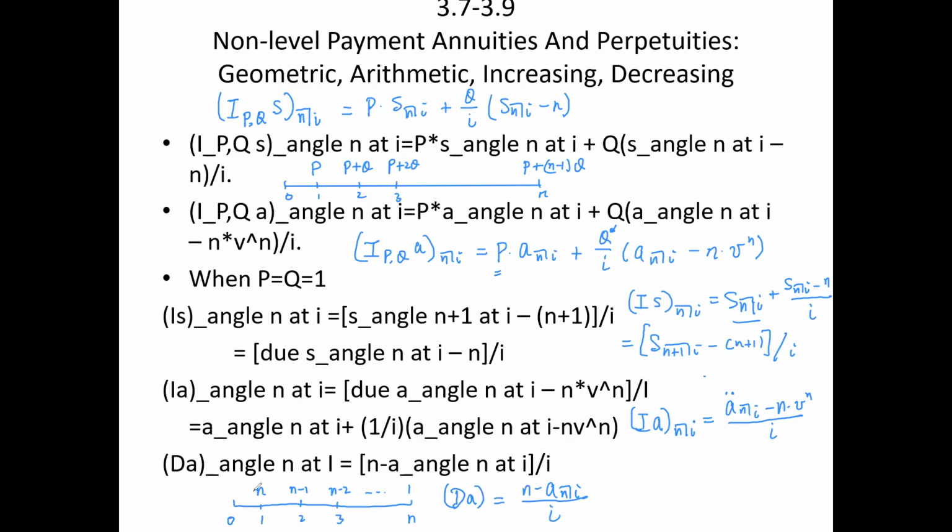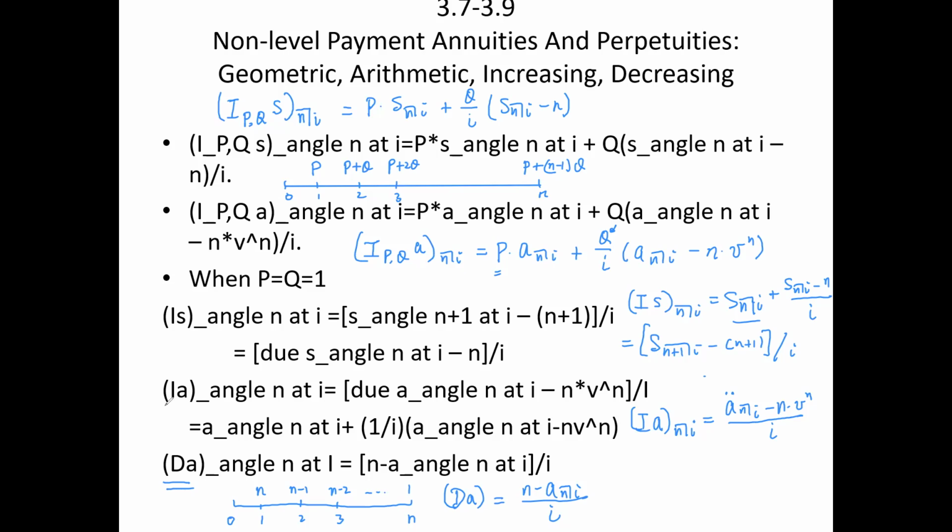Sorry, this is not P, Q equal 1. Starting from n and getting back to 1. So the graph is right. What I said was not correct.